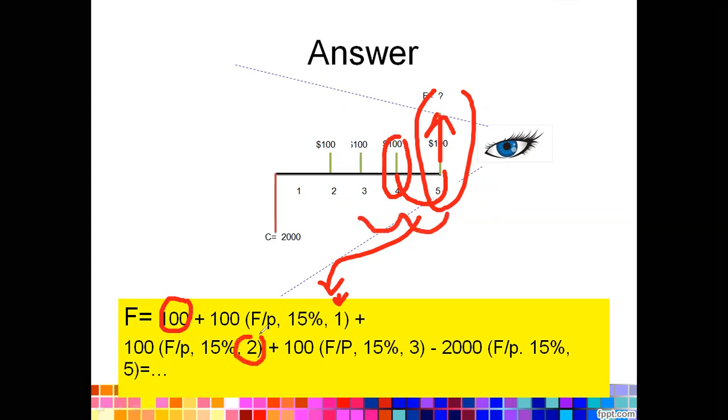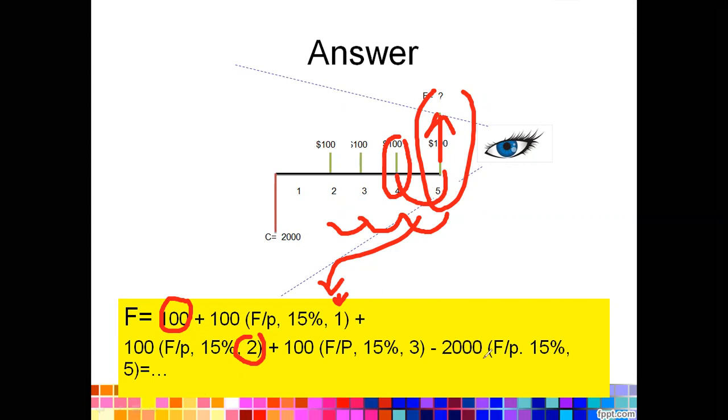We put 2 as the number. And 100 F/P 50%, 3. And don't forget to use minus for 2000, since the upward arrow is for disbursements. It means we spend some money, and our money will be withdrawn from our bank account.